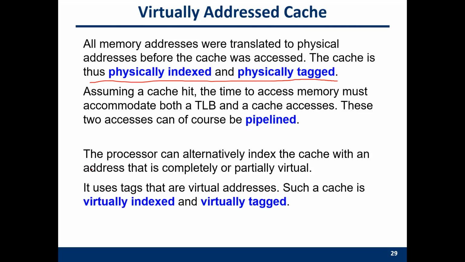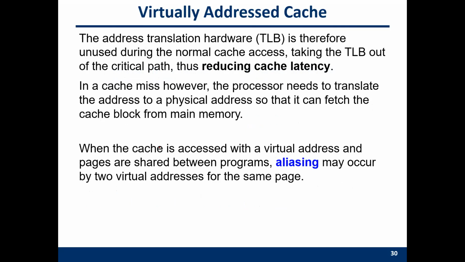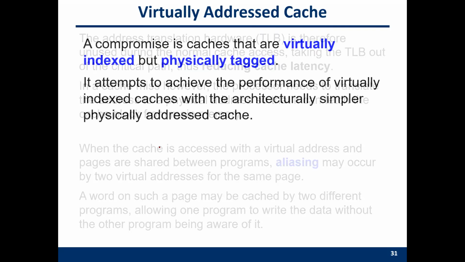Only in this way can you maintain correctness. So the overall performance of the virtual address cache may not be as good as the physical one, because you do flushing a lot.